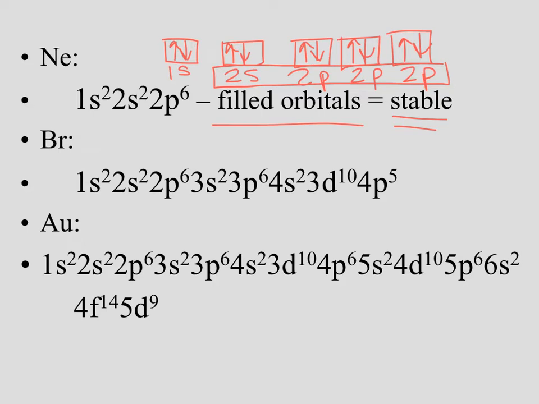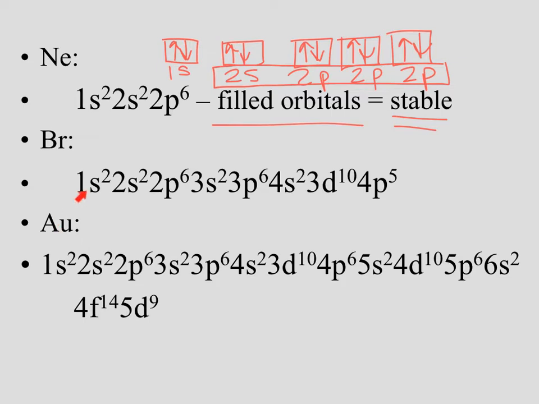To the next one, we have bromine, which is number 35 on the periodic table. It is in the 4th row down in the p sublevel, the 5th one over, so I know I have to end at 4p5. But all the previous sublevels and energy levels have to be filled first.